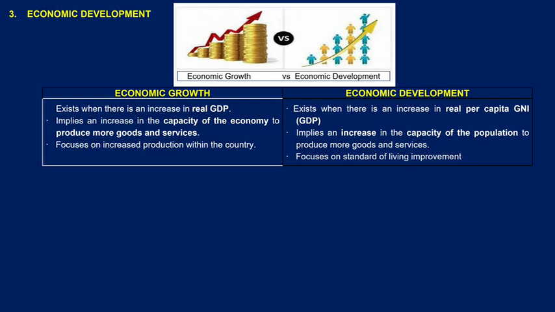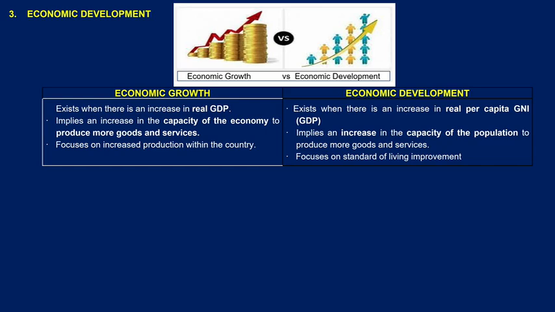Economic growth implies an increase in the capacity of the economy to produce more goods and services, whereas economic development implies an increase in the capacity of the population to produce more goods and services. Economic growth focuses on increased production within the country, whereas economic development focuses on standard of living improvement.